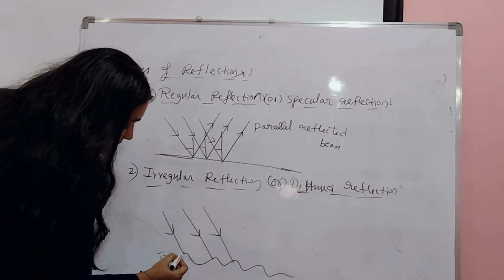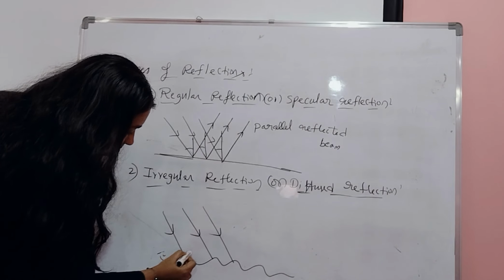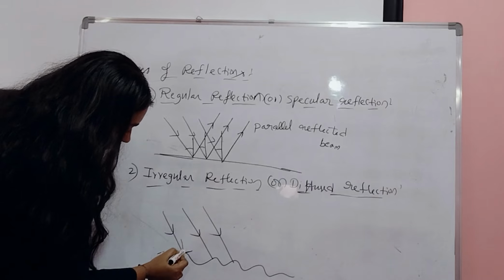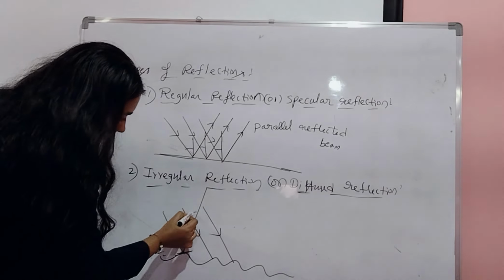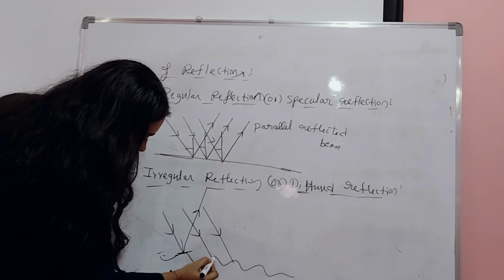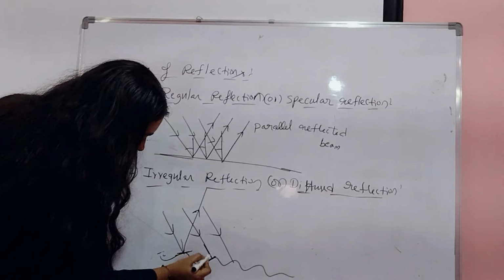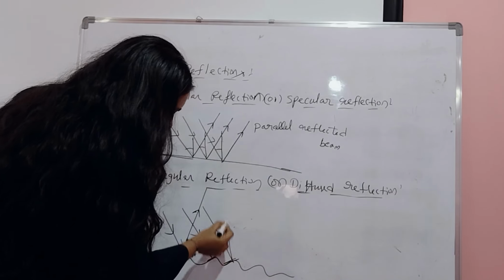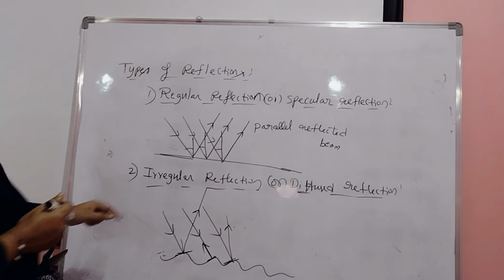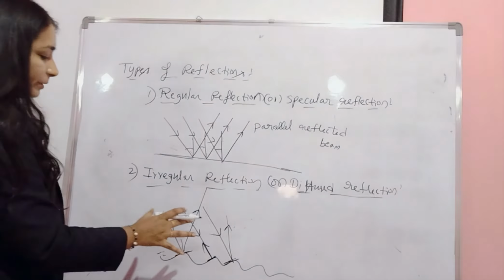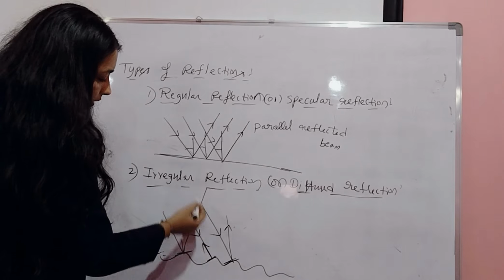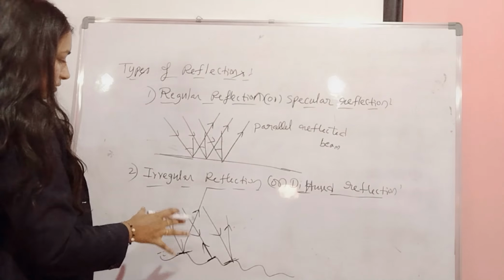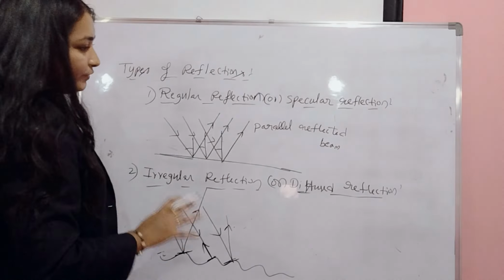At the point of incidence, I am taking the normal. For this is the normal and this will be the reflected ray. For this is the normal, this is the reflected ray. Look at the reflected beam, these reflected rays are going in random directions.